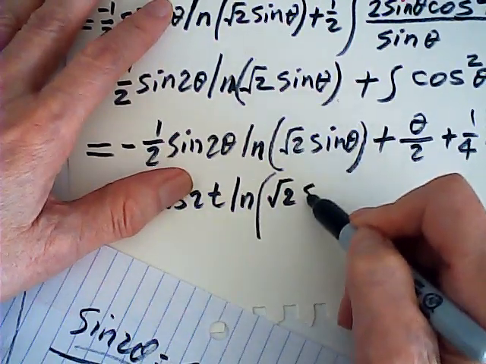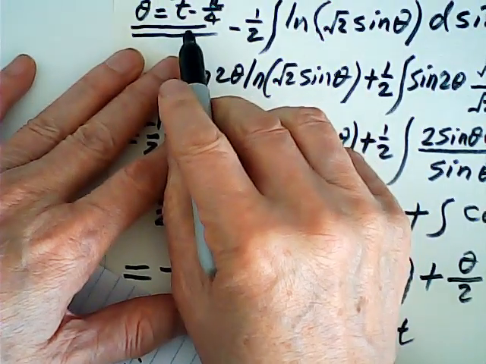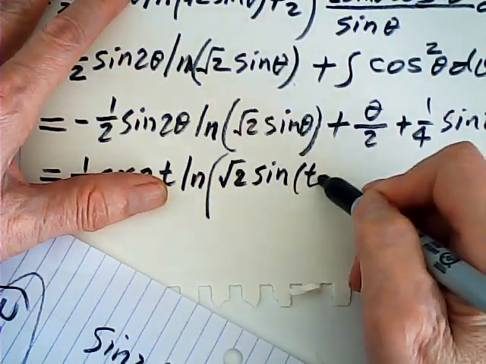Sine theta is sine of t minus quarter pi.